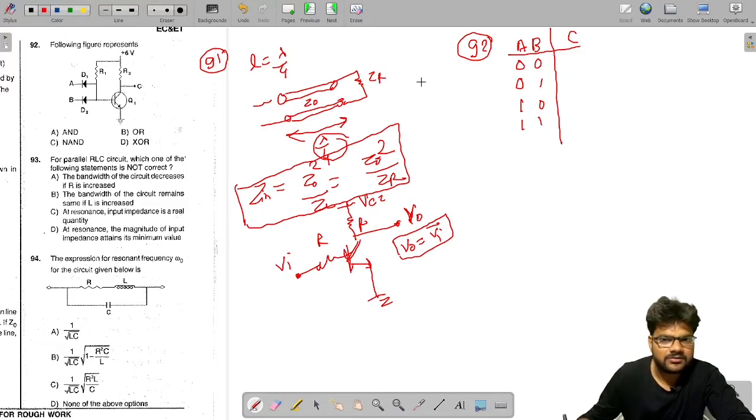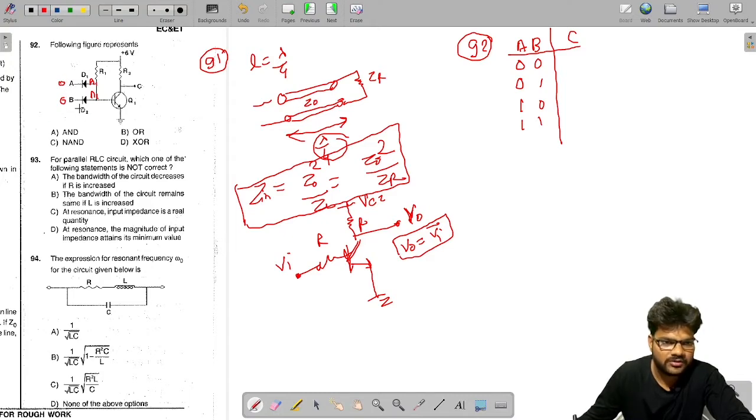Now if A is 0 and B is 0, let us call the anode terminals of diodes D1 and D2, A1 and A2. Both A1 and A2 are connected to 6 volts, the high voltage, and the cathode terminals are connected at low voltage.